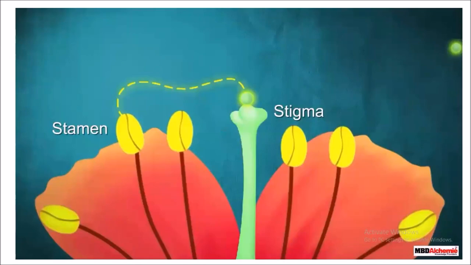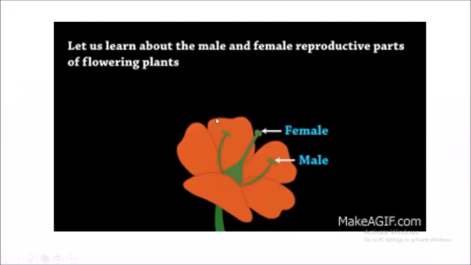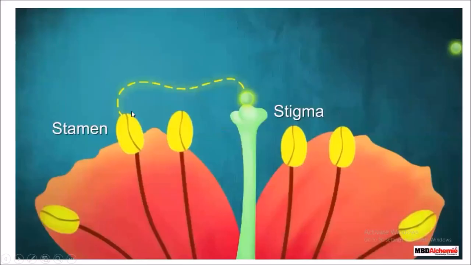In this picture, you saw how this is the female part, and this is the male part. Here, the stamen is the male part. You don't have to know them by names, but just learn the whole idea. You can see a particle moving from the male part, which is this thin one with a yellow structure over it.